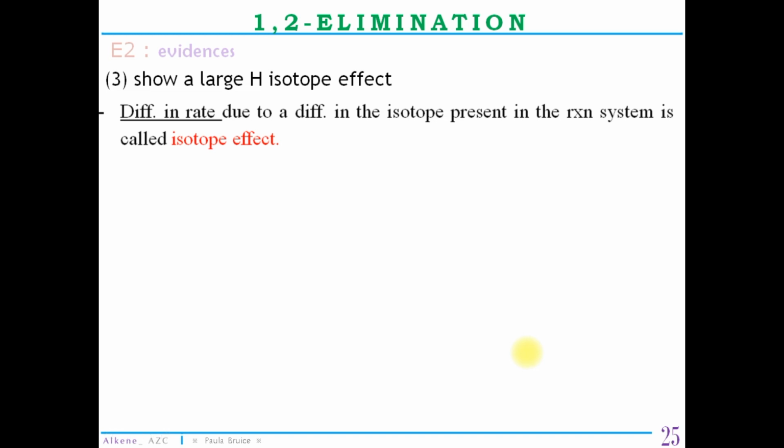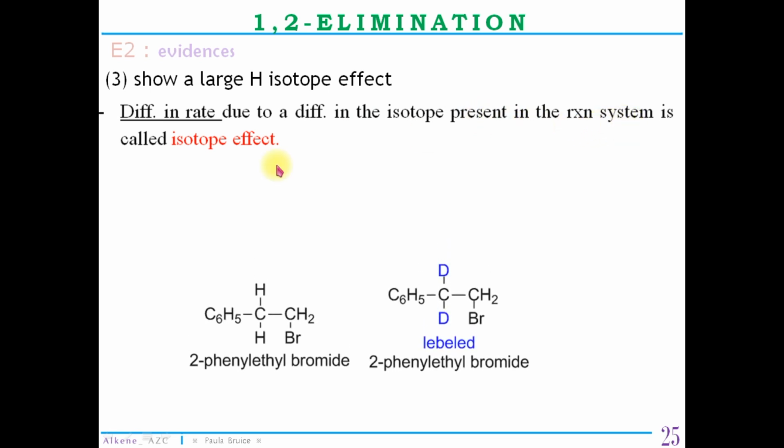Third evidence, E2 shows a large hydrogen isotope effect. Isotope effect means difference in rate due to a difference in the isotope present in the reaction system.